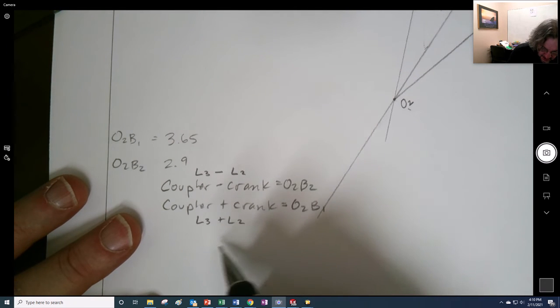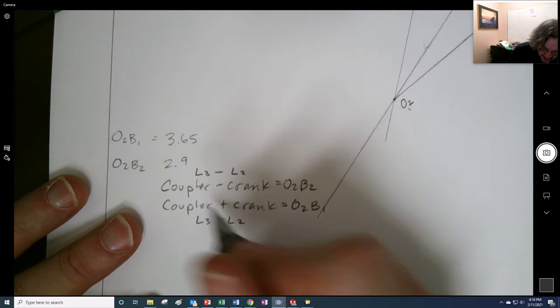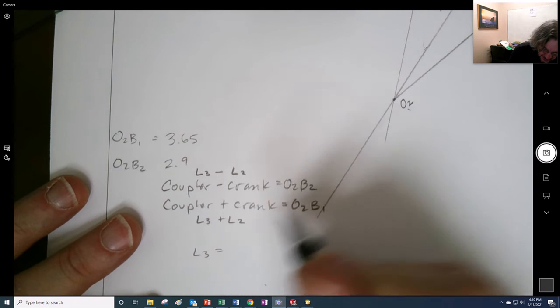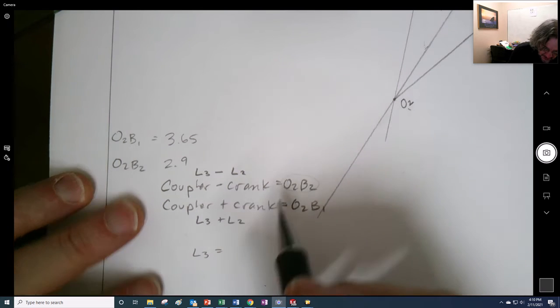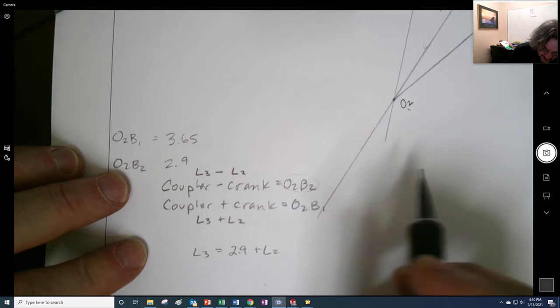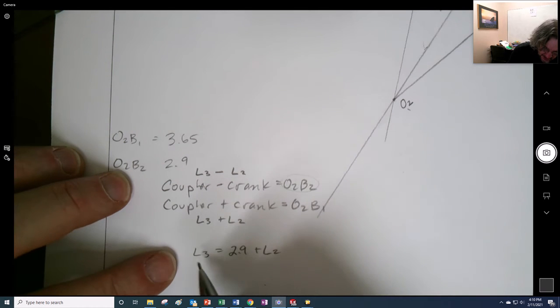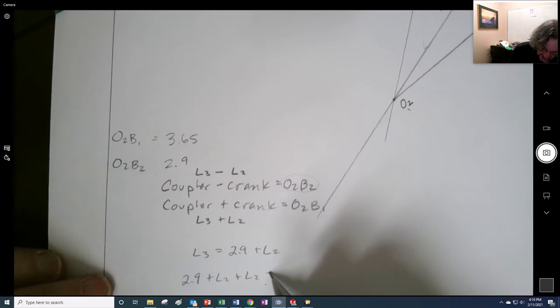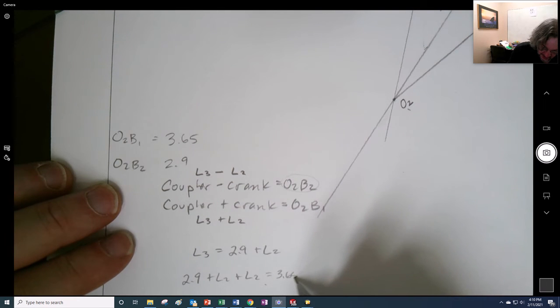So let's say L3 is equal to 2.9 plus L2, right? And substitute back into here, where we have 2.9 plus L2 plus L2 is going to be equal to 3.65.